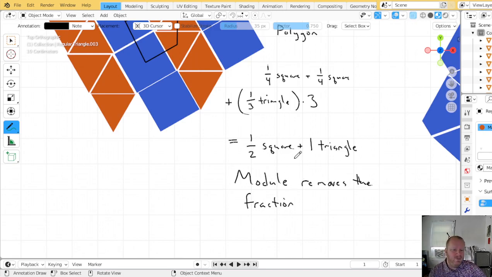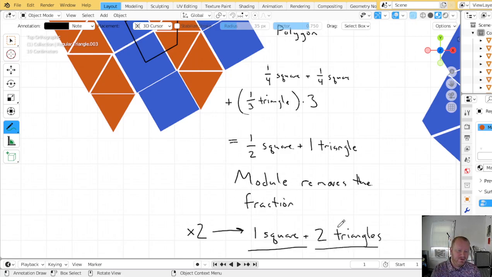In this case, to remove that fraction we would just multiply everything by 2. So if we multiply everything by 2, we get 1 square and 2 triangles. Right, so that's multiplying everything by 2. The reason we give a specific name to this module is it's made up of whole shapes.